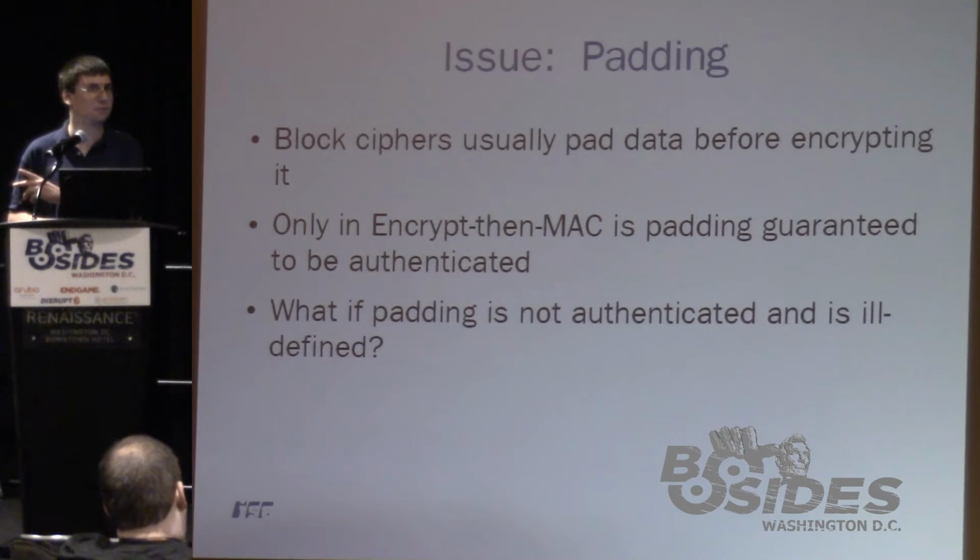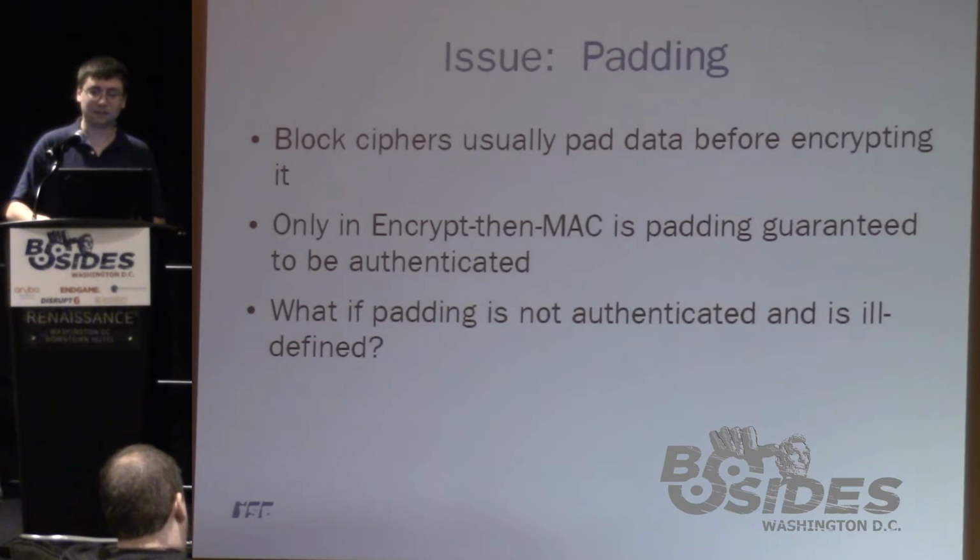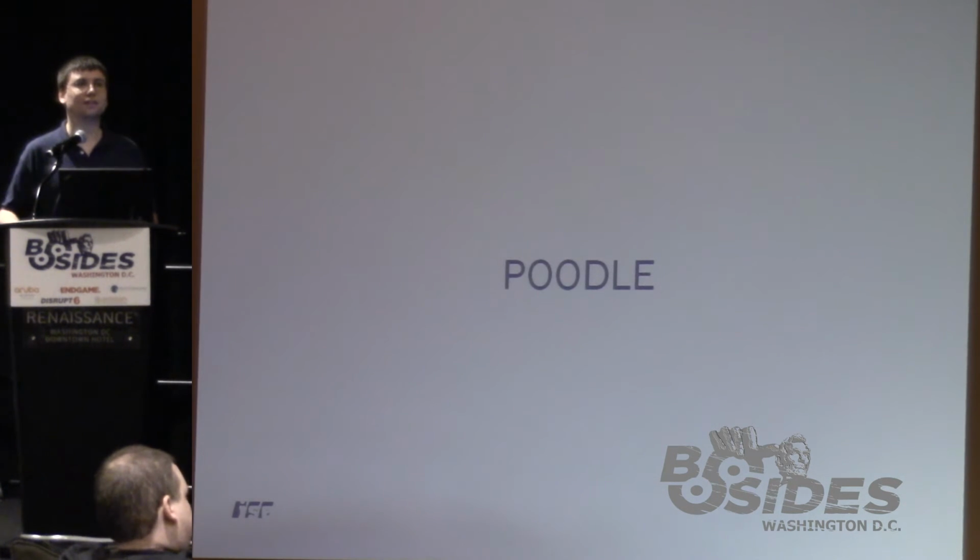In all the others, you can tamper with it, and the check will still pass unless the padding itself fails. But what if the padding itself is not very well defined, and it's not covered by the HMAC? And you can flip bits or cut and paste blocks around. If this starts to sound familiar, this is actually Poodle, the kind of stake through the heart for SSL 3.0.